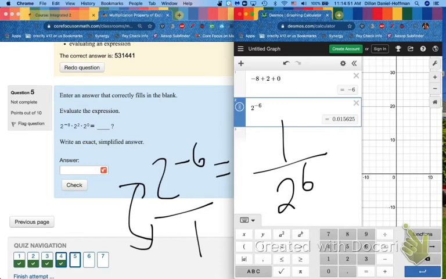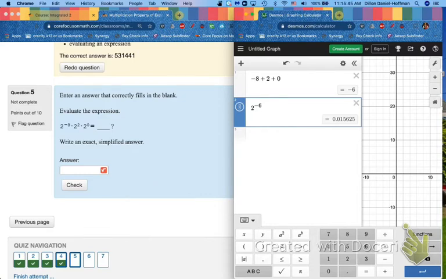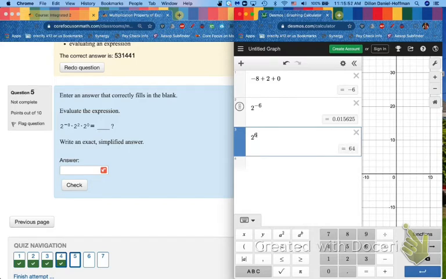And this is going to come in handy next assignment on division, property of exponents especially. But when you have a negative exponent, flip it, put it on the bottom. And so now, because I know that 2 to the -6th is this decimal, I'm going to type in 2 to the +6. And this is going to be the case if you have a negative number.